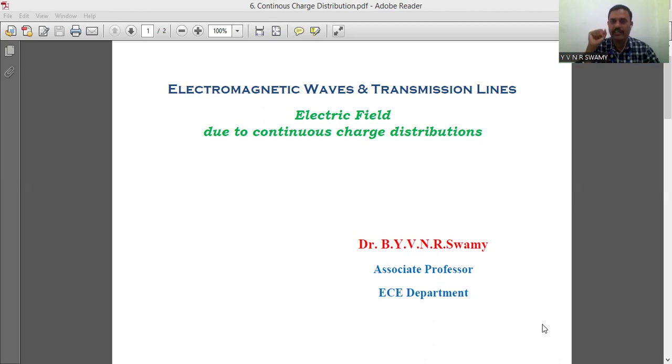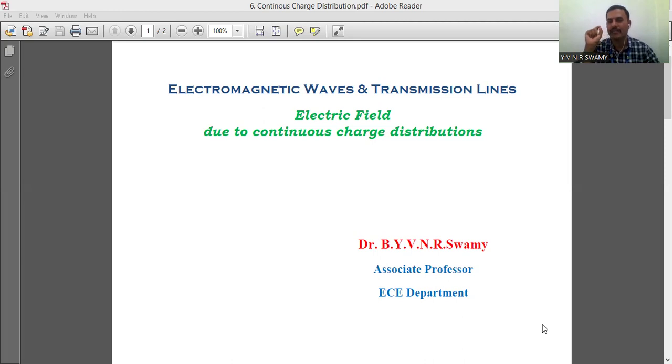In the last class, we completed electric field intensity due to a point charge. That electric field intensity is Q by 4 pi epsilon naught R square along a_R direction.